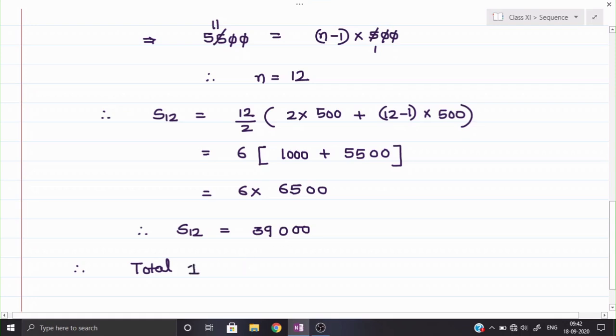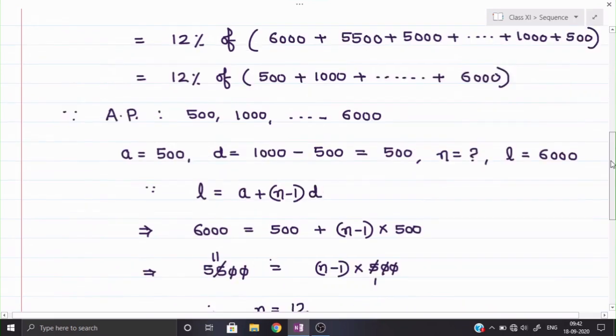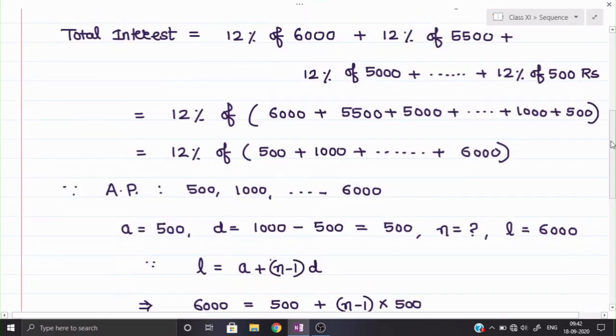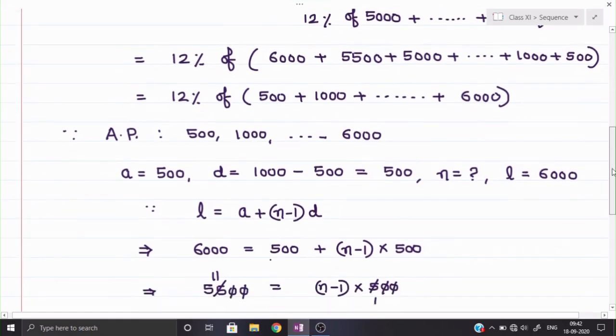Total interest will be 12% of this, because the 12% we kept outside. You can check, see here, you observe this 12% we have kept outside, 12% of the terms coming in the bracket, and only that addition we have found. So that addition is 39,000. Now for 39,000, we shall find 12%.